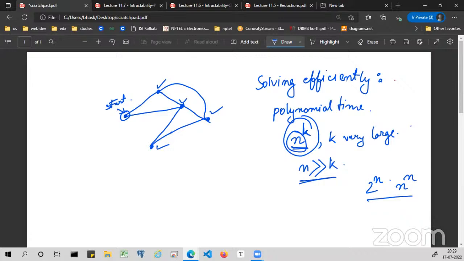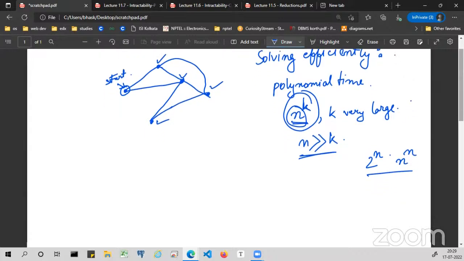Fine. And so now what we did is, we basically found solutions to some problems which we analyzed to be solvable in polynomial time, right? So let's say Dijkstra takes e log v time.